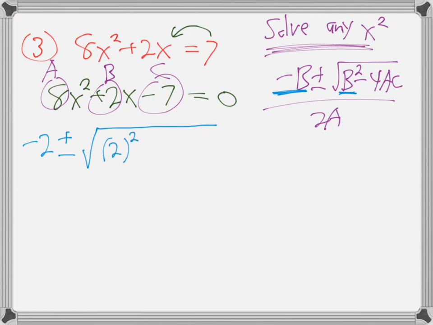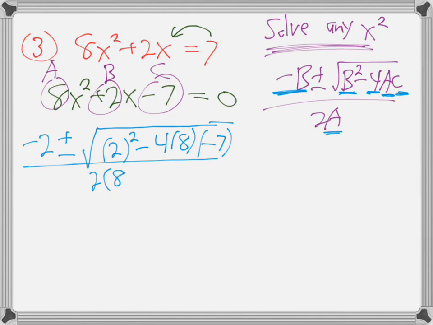I'm just plugging in the a. You'll like this. This will be pretty easy for you to use. B squared minus 4 times a, which is 8, times c, which is negative 7, all over 2 times a, which is again 8.